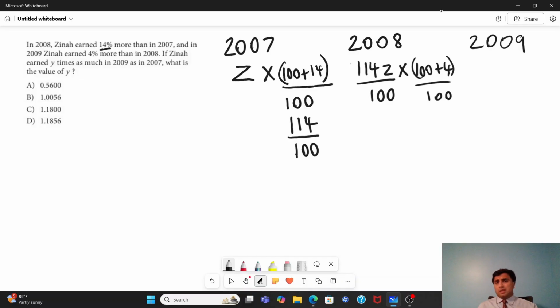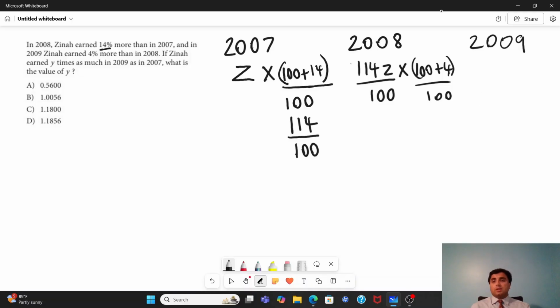That is going to be equal to the amount which Xena earned in 2009. So the amount which Xena earned in 2009 is 114Z over 100 multiplied by 104 divided by 100.